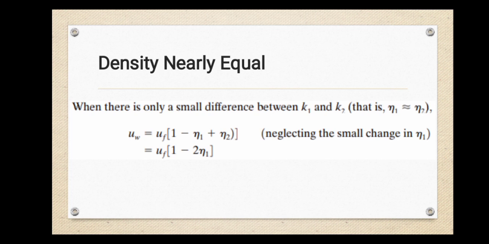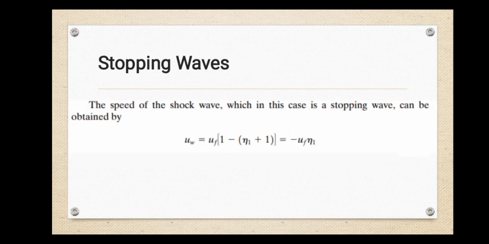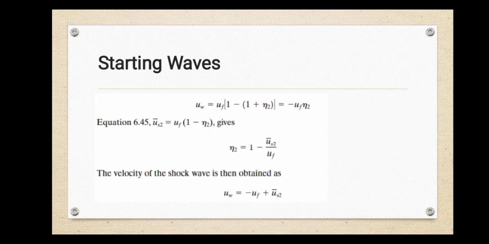We also have here the density nearly equal, where there is only a small difference between K sub 1 and K sub 2. The stopping waves, the speed of the shock wave, which in this case is a stopping wave, can be obtained by this, and the starting waves.